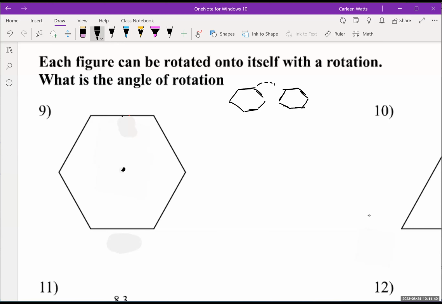I rotate it and it looks just like it did before. So the question is, what is the angle of rotation? We're going to sketch it, but then we're also going to do a formula. So angle of rotation. Any ideas?